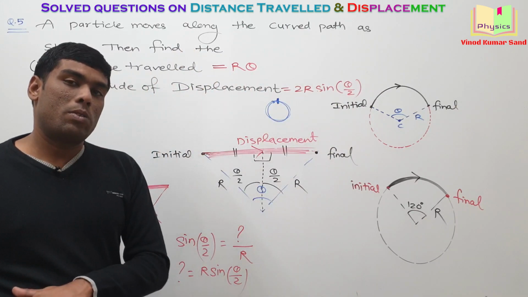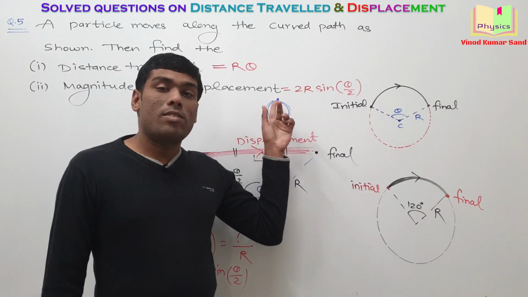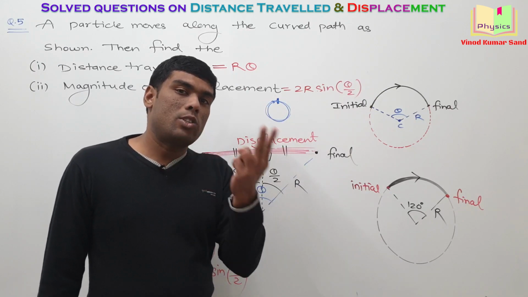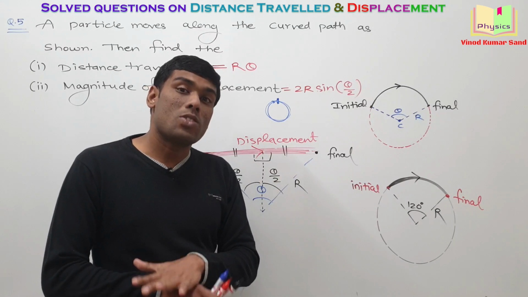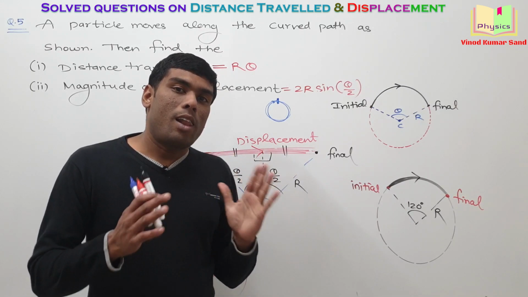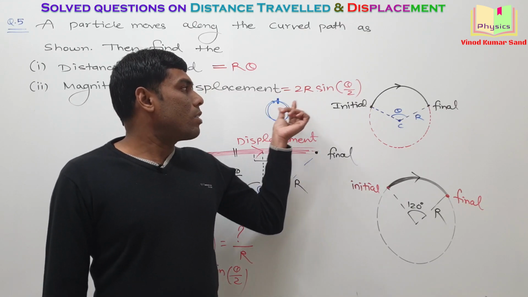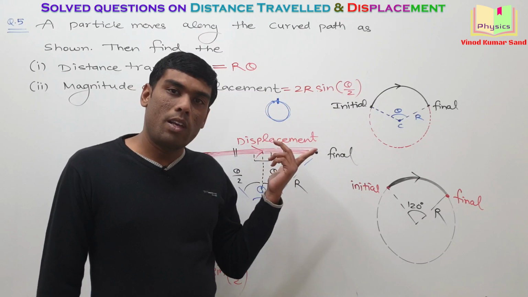Magnitude of displacement will become 0. And it must be, if you complete the circle and reach back to the same position, then your initial and final positions are same. And if the positions are same, the displacement is null vector or 0 vector. So the magnitude of the null vector or 0 vector will be 0 only.